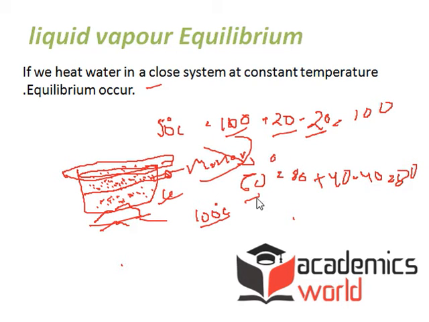From that we understand that if we change the temperature, the equilibrium also gets disturbed, and the equilibrium rearranges according to the given temperature. So temperature is one of the important factors that affect equilibrium.